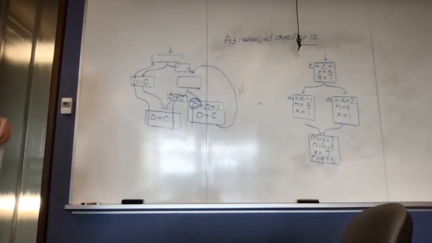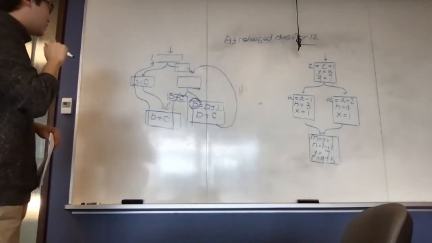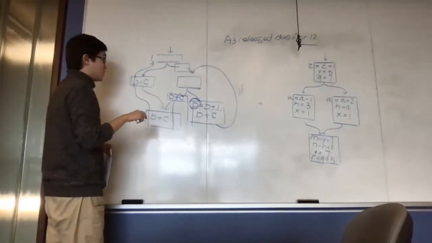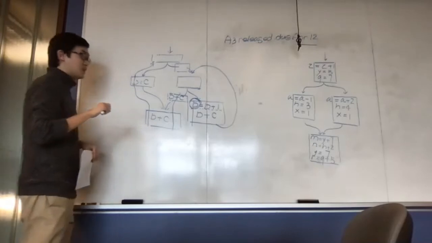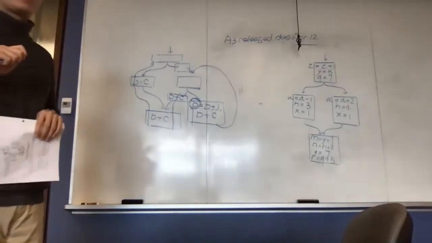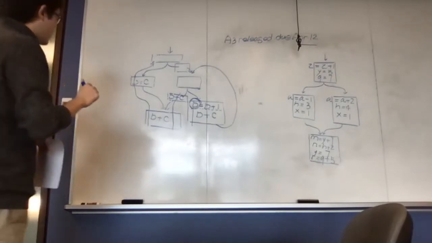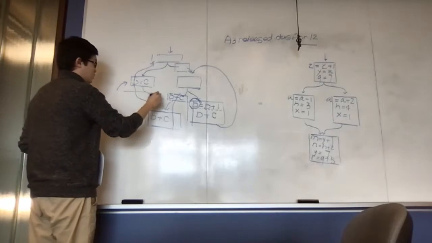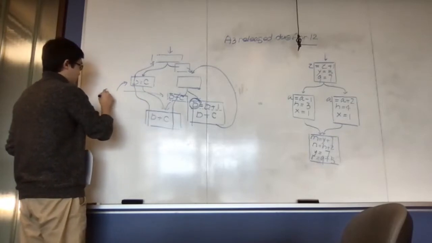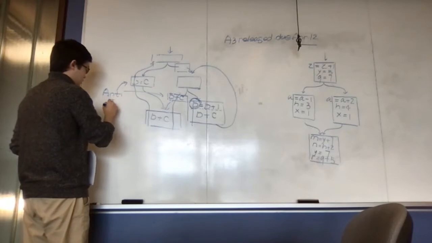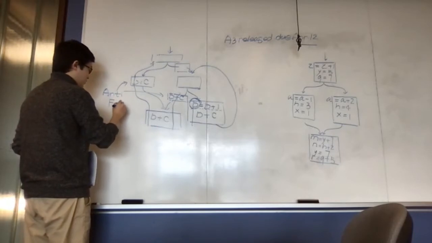Well, the answer is no. Therefore, those 2 points are the earliest placement for the expression b plus c. So they are the anticipation frontier and, at the same time, also the earliest placement.